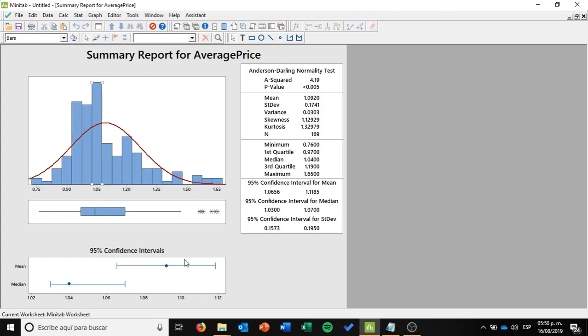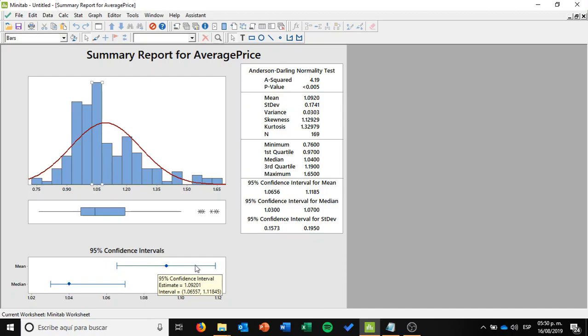You can see the same here in the confidence intervals. Remember that the confidence intervals are just telling us this point is the 1.09, the mean that I am calculating using my sample data. But if I consider that this is just a sample and not the population, probably the true mean is going to be from this point to this point.